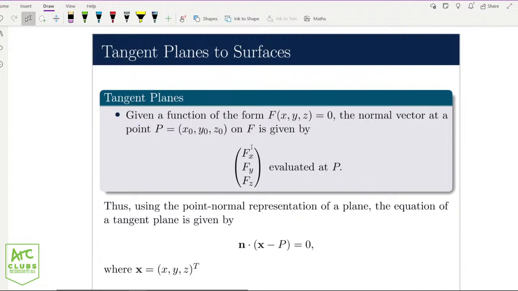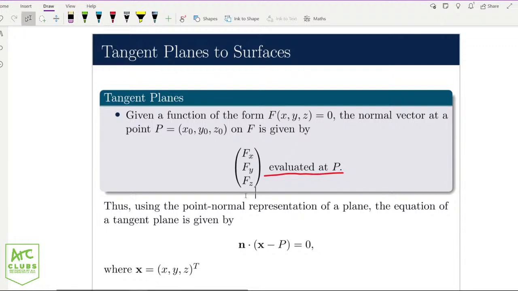If you don't remember this notation, f subscript x essentially just denotes the partial derivative of f with respect to x, and similarly, f subscript y is the partial derivative of f with respect to y. Importantly, this has to be evaluated at P. We'll have a look at what that means a bit later when we go through an example question.